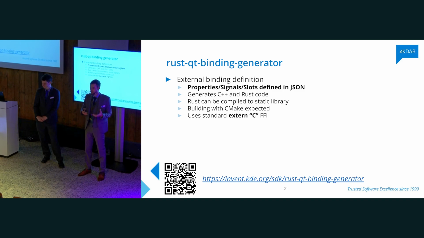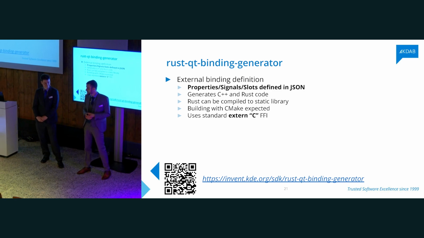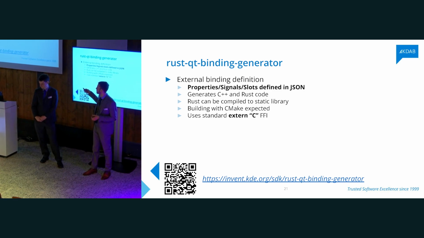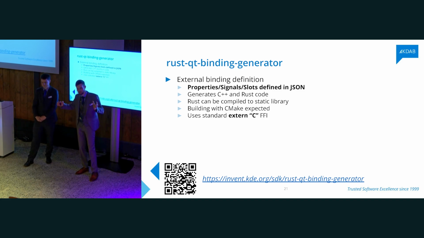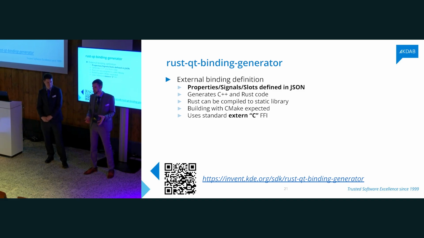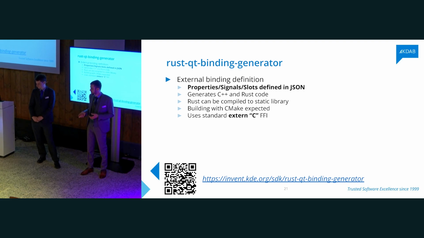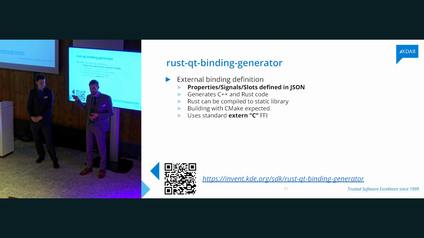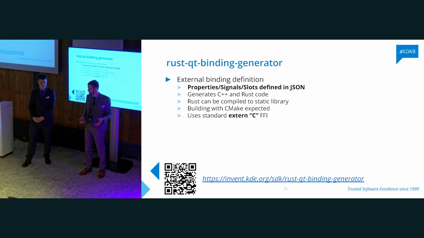So that would then run through a version akin to moc and generate C++ and Rust code for the actual bindings. And all of this was really based on a standard extern C FFI, going back down to the very most basic building blocks of interaction between Rust and C++. So that solved the moc problem, but didn't really solve the API problem. So now we have two separate parts.